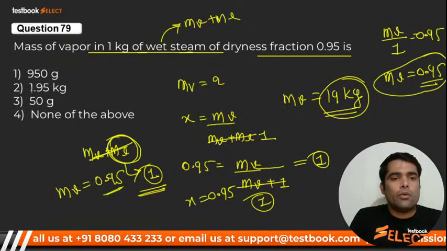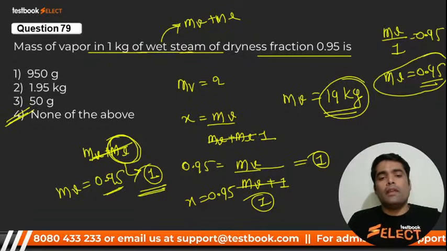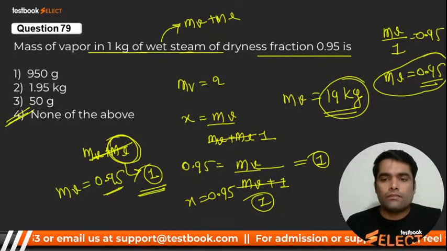So it is 0.9. None of the above, the fourth one will be none of the above.